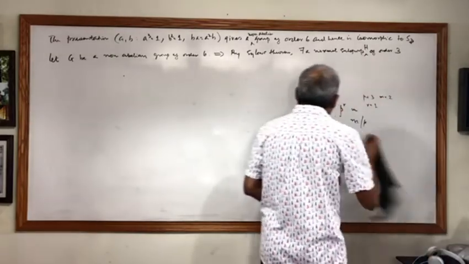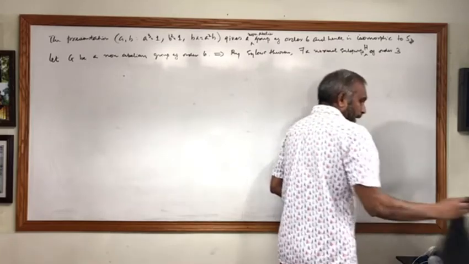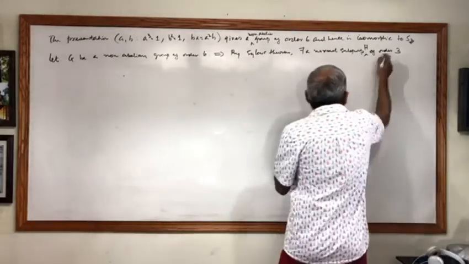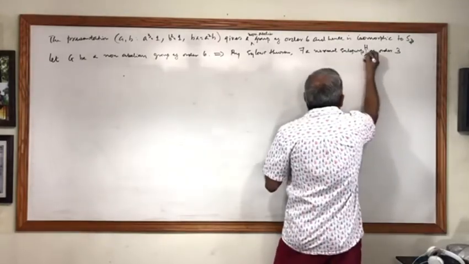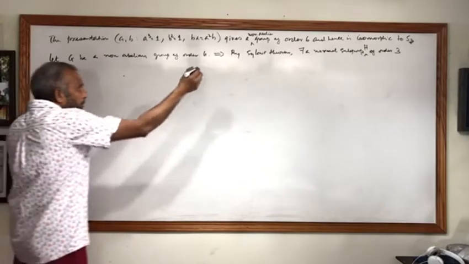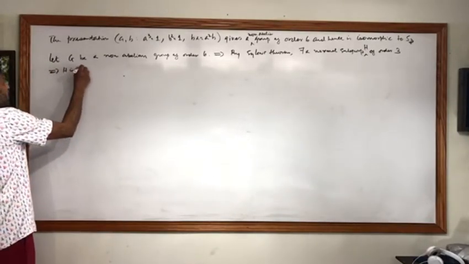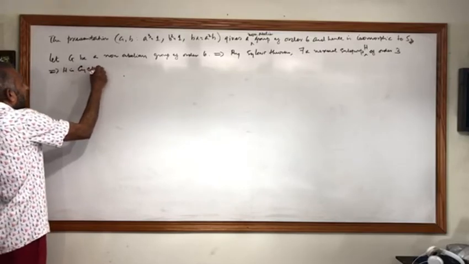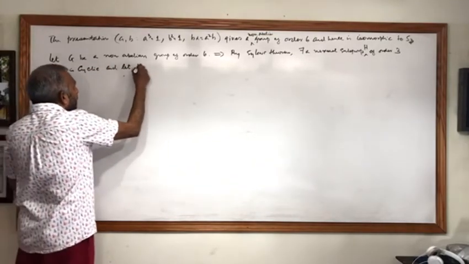So there exists a normal subgroup H of order 3. Because it's of order 3, H is cyclic, because it's a prime order.